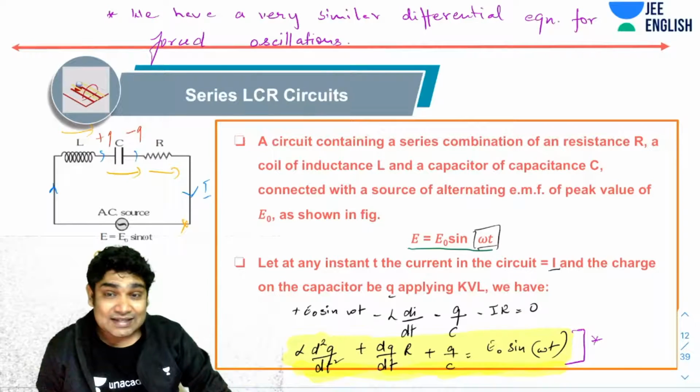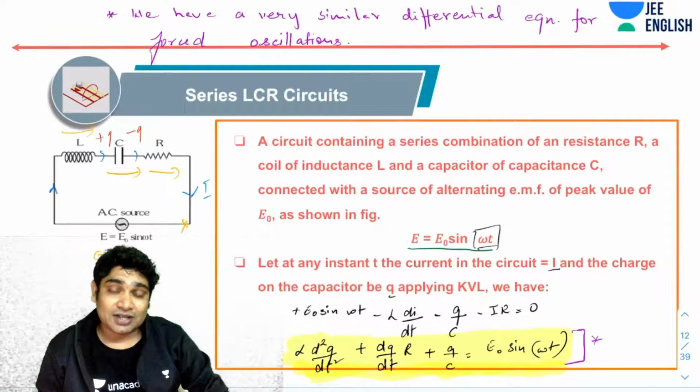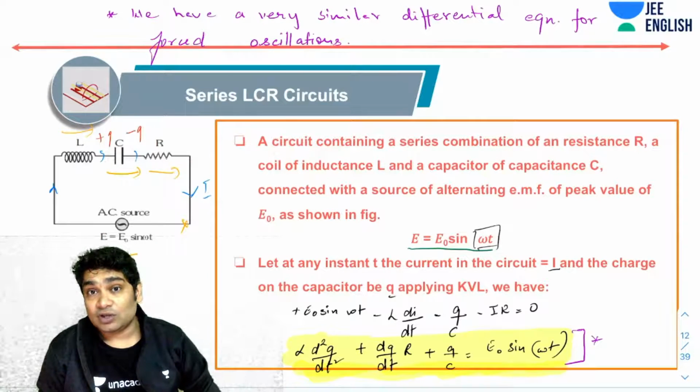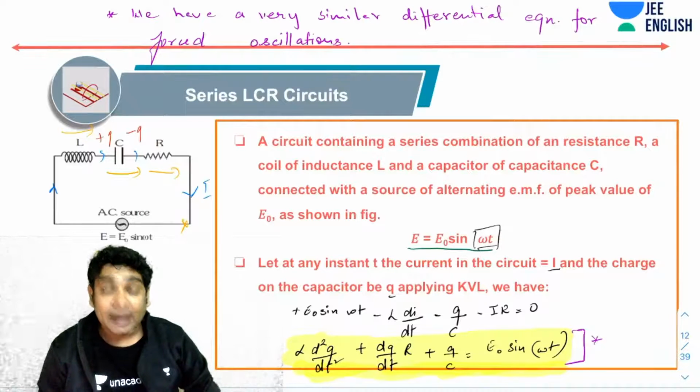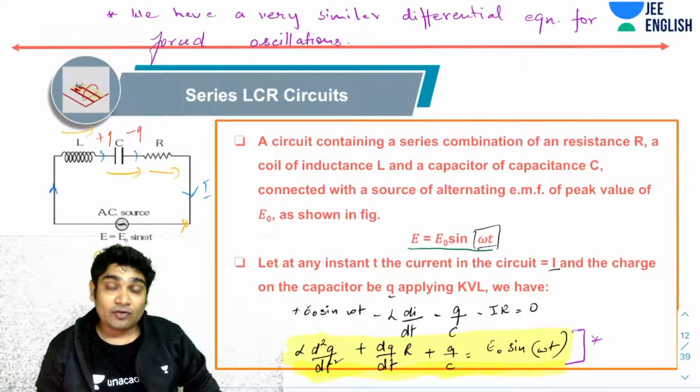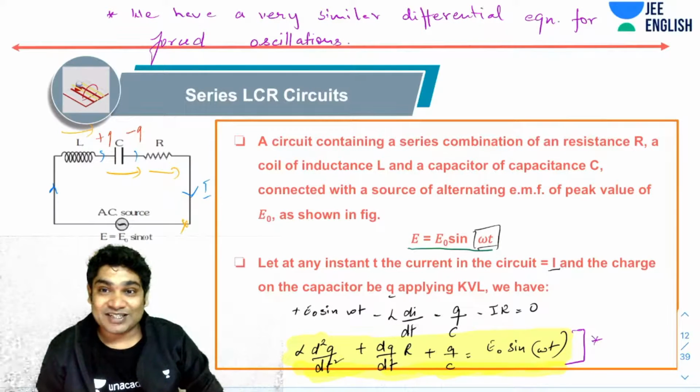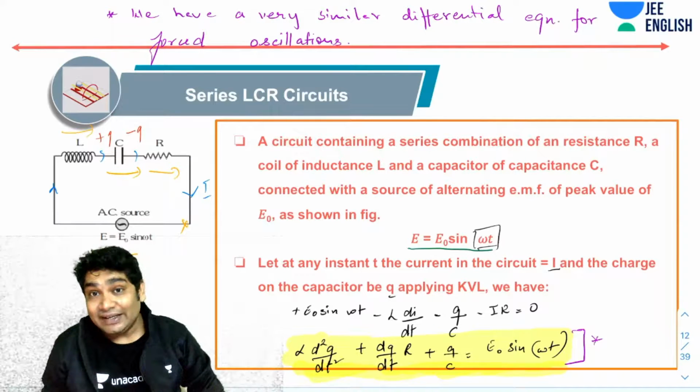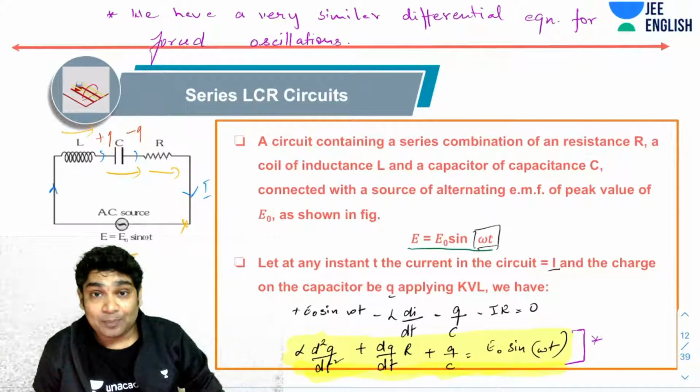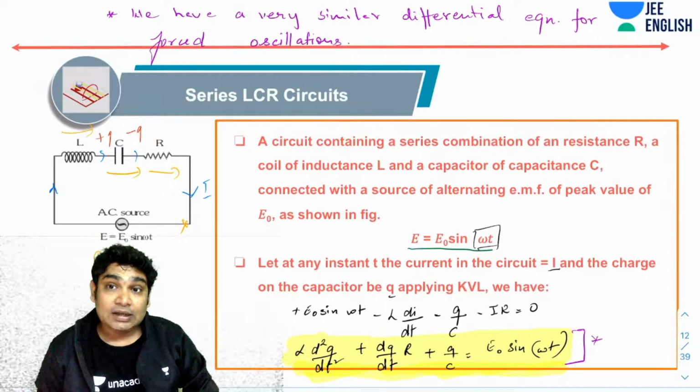Now, resonance is something which was related to forced oscillations, right? You would realize that in forced oscillations, the amplitude of oscillation depended on the frequency of the source causing the forced oscillation. Similarly, here, what is the source of current? What is the source of power? It is the battery.